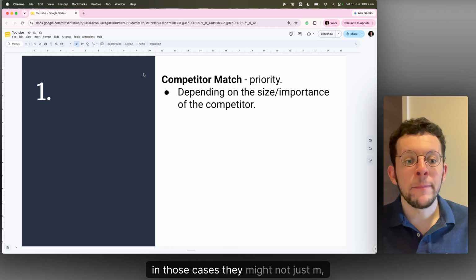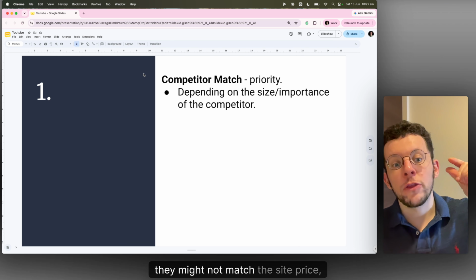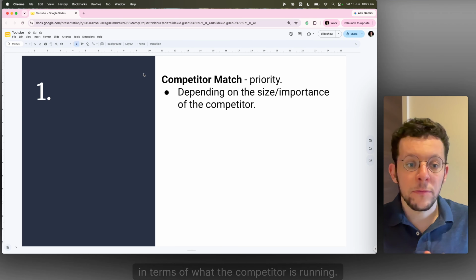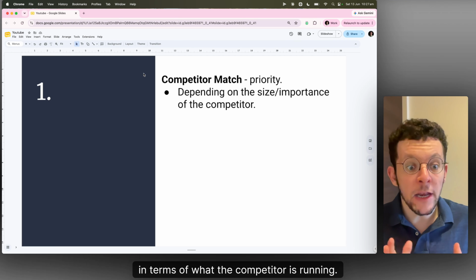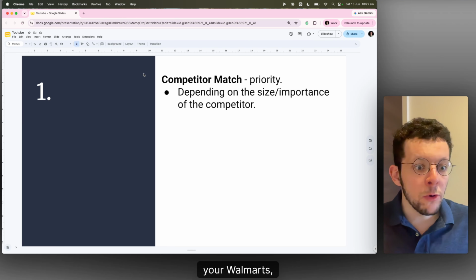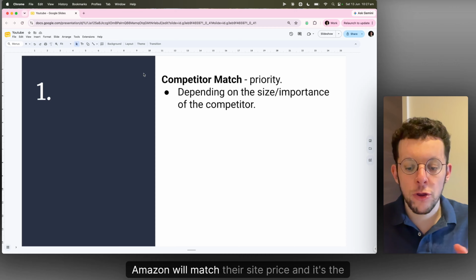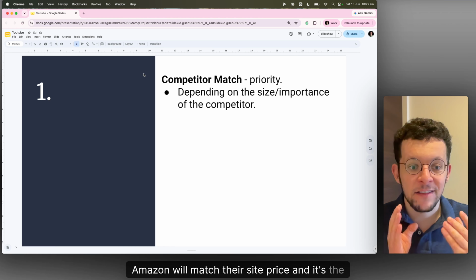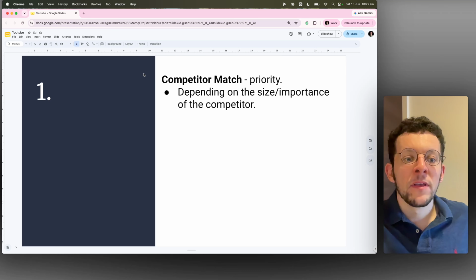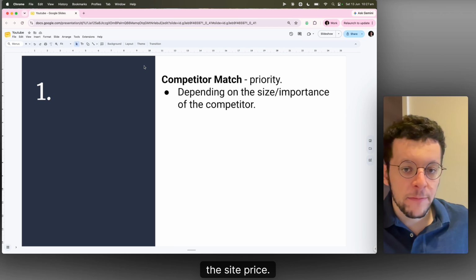In those cases, they might not match the site price. They might add shipping as well, in terms of what the competitor is running. But usually, you look at your biggest tiered competitors, your Walmarts, your Coles, Amazon will match their site price, and it's the most important driver that usually is impacting the site price.